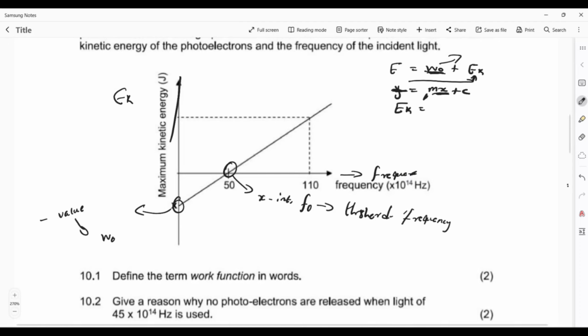And this m is the gradient, a constant value that doesn't change. The only constant value that we have here is Planck's constant, which is 6.63 times 10 to the power negative 34. So here I'm going to have my h, which is a constant, and here I have my f.